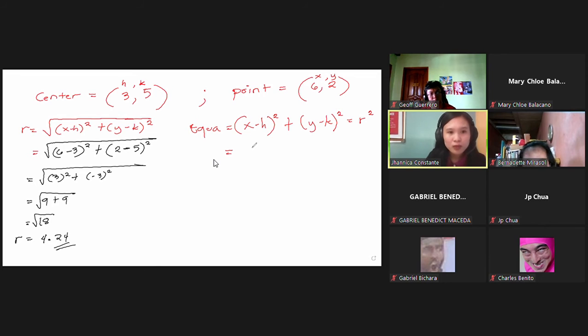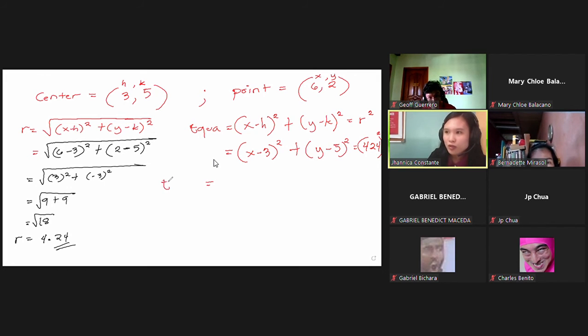The only things that we're going to change in the equation are h, k, and r. Okay. So we have x minus 3 squared plus y minus 5 squared equals the radius that we have, which is 4.24 squared.